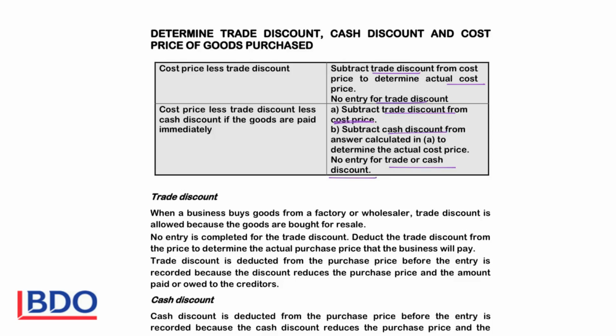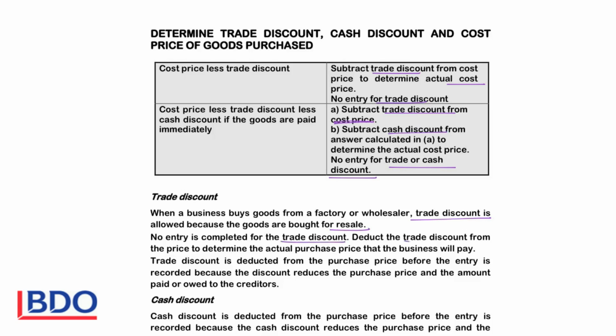When a business buys goods from a factory or a wholesaler, trade discount is allowed because the goods are bought for resale or because it is for bulk purchases. No entry is ever recorded for the trade discount.